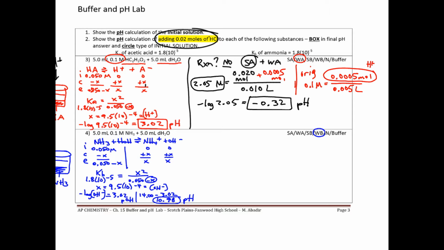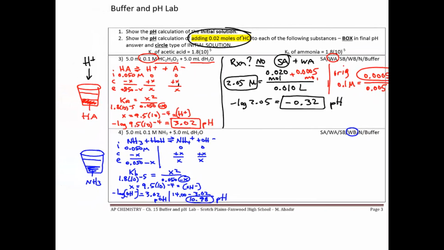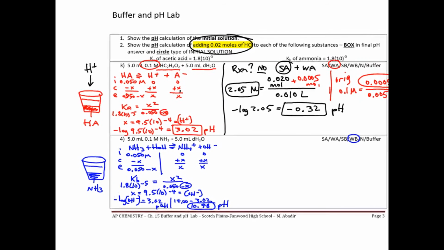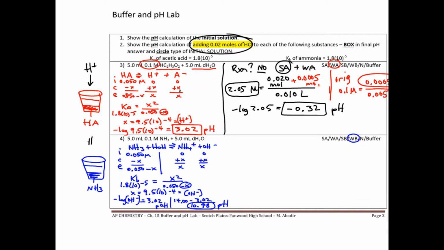Okay, let's do the next one where we're going to add H plus into this. And now we have to ask ourselves, is there a reaction when I add a strong acid to a weak base? The answer is yes.